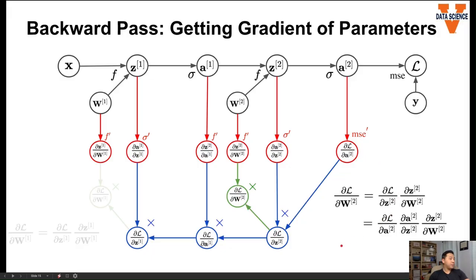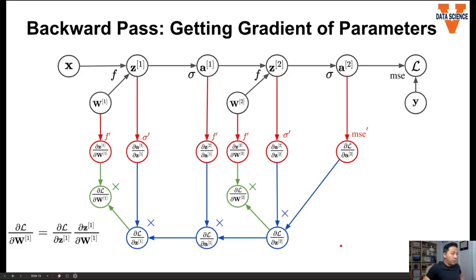Right? And then with weight W1, which is the other weight of the network, you can also use the chain rule to calculate it by using a partial derivative times the rate of change with respect to Z1 here. And if you need to establish the chains again, you can expand this out. So from L to A2, A2 to Z2, Z2 to A1, A1 to Z1, and Z1 to W1.